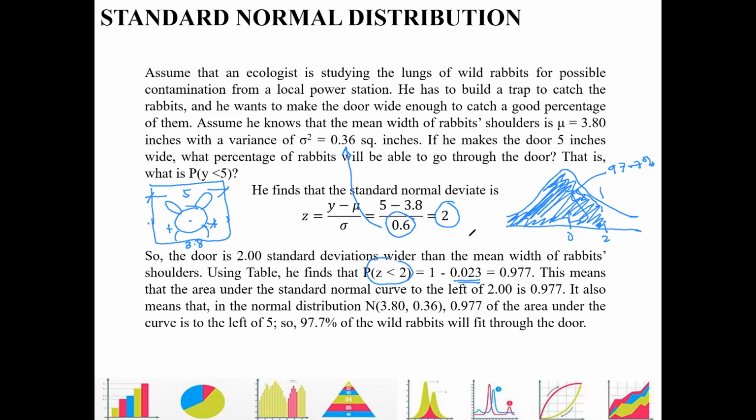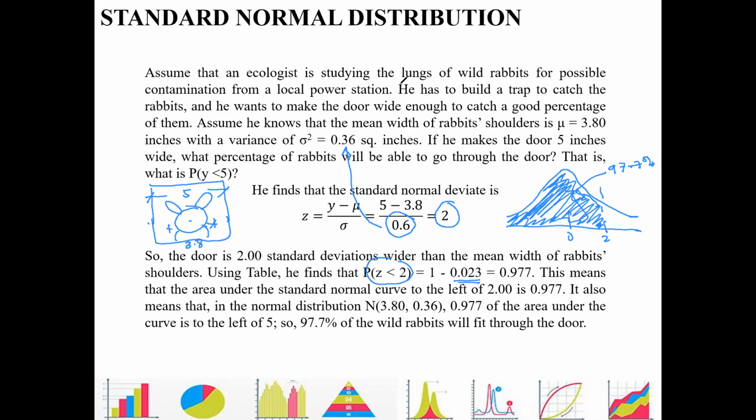Another implication na mataas talaga yung makukuha mong probability dito is that 3.8 yung width ng rabbit and 5 yung nilagay mong gate. So it means na talagang marami makakapasok kasi maliit lang yung width ng rabbit kumpara doon sa ginawa mong gate. So yun lang.